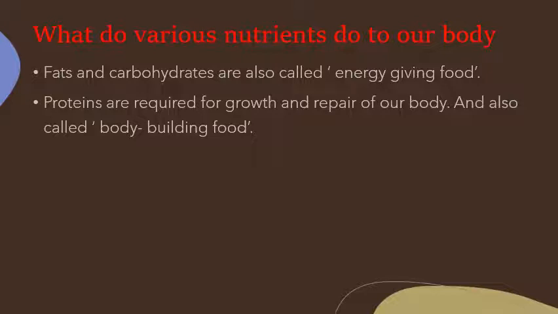And the food that contains proteins helps us in growth and repair of our body, and they are also called bodybuilding food. Proteins are needed for the growth and repair of our body. Food that contains proteins are called bodybuilding foods.